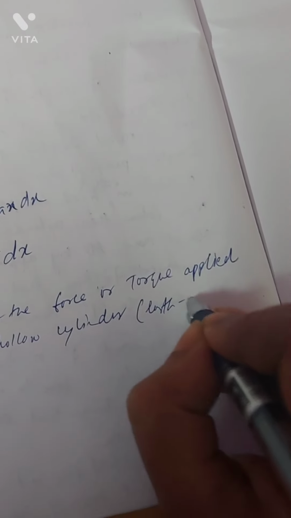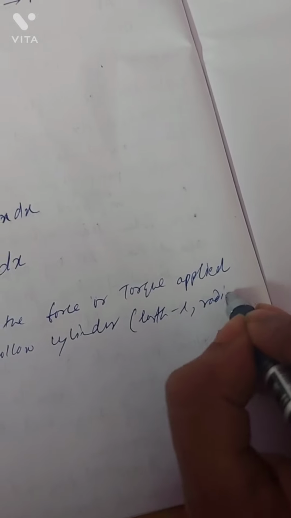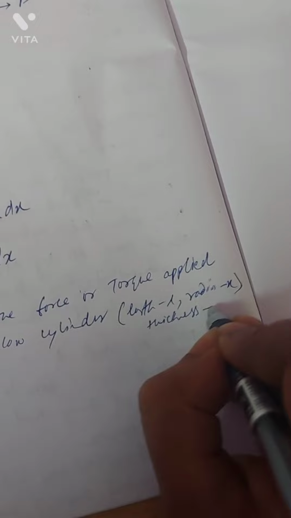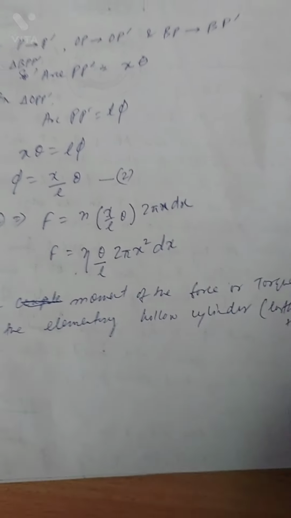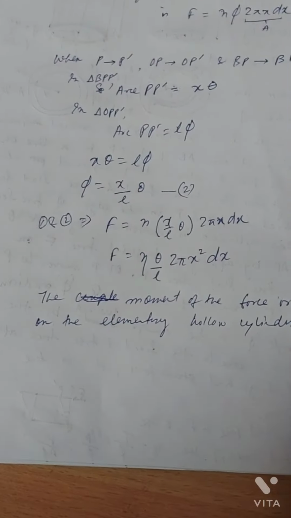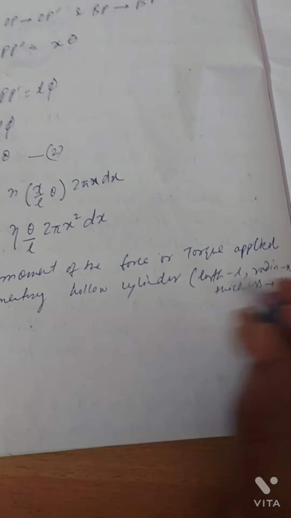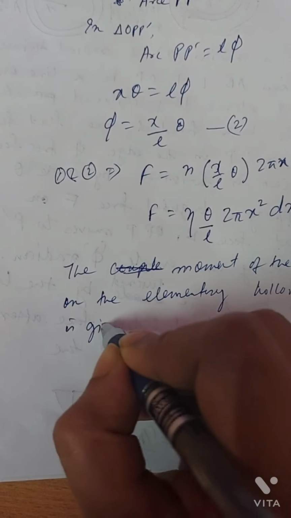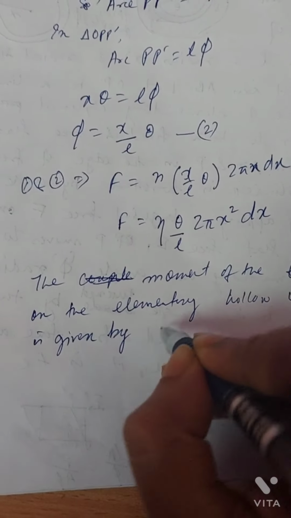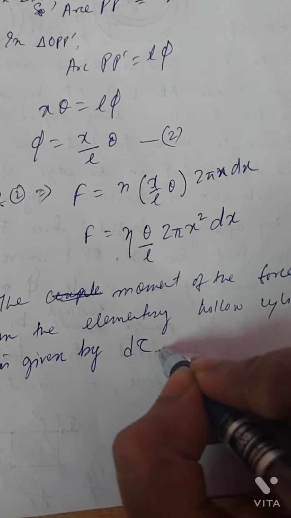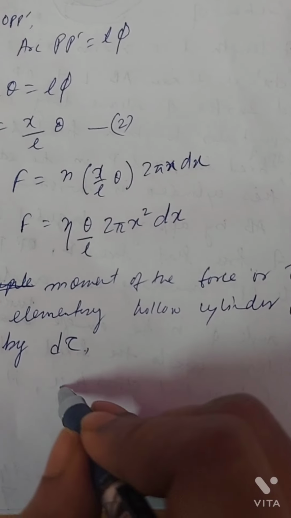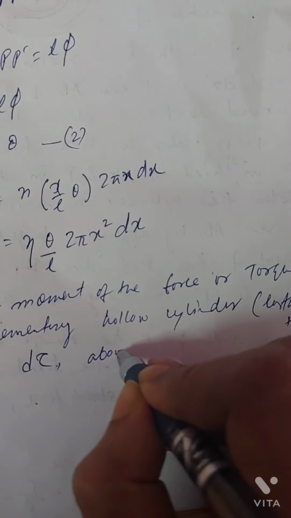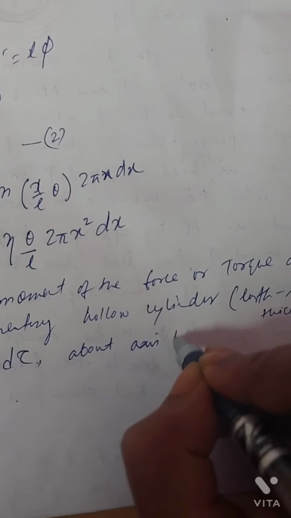What is the length? Length is L, radius is x, and thickness is dx. So for the elementary cylinder, the moment of force or torque applied is given by d tau about axis AB.